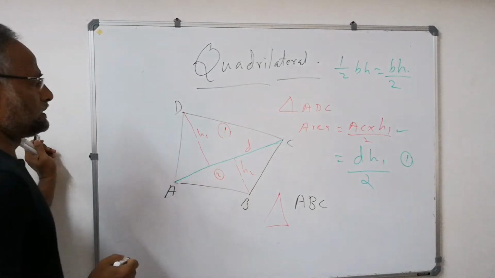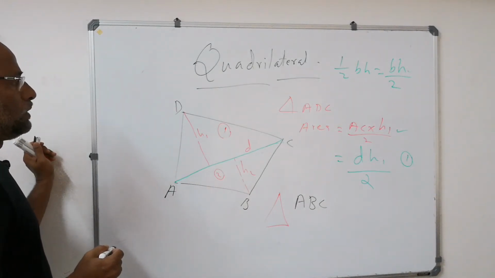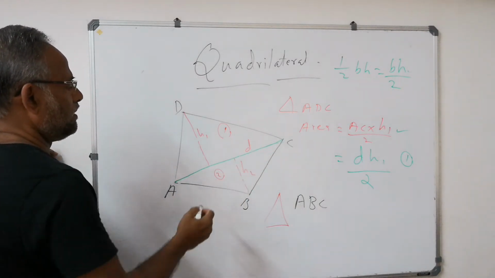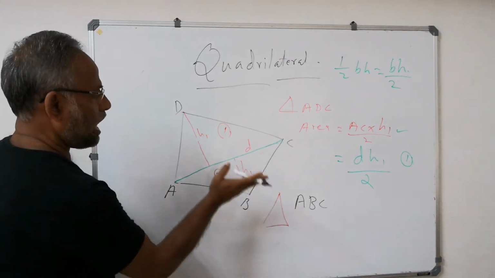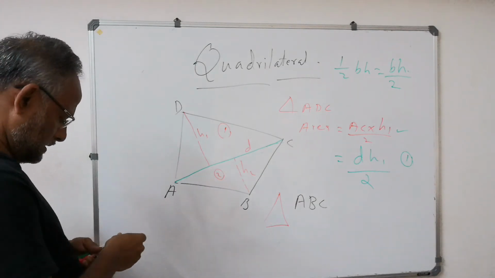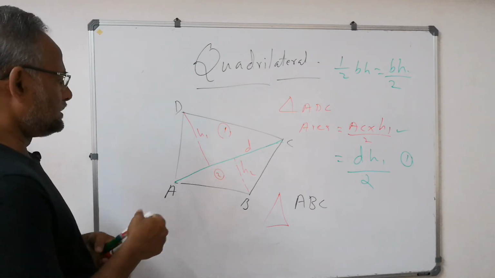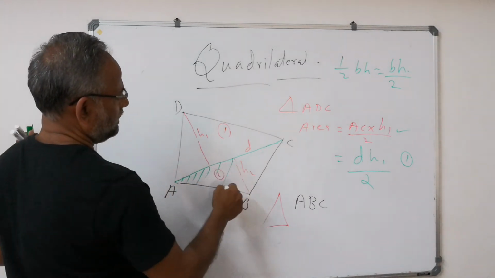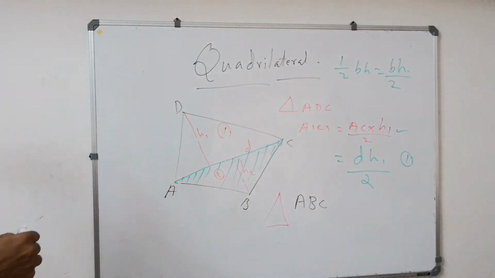The area of the second triangle ABC is equal to, again, base into height by 2. The base is AC. Sir, the first triangle base is AC. The second triangle also, this one down I am taking. See, green color: the second triangle is the green color, and the first triangle is the white color. So I am shading that. You can see the second triangle, this shaded part. I want the area of this triangle.